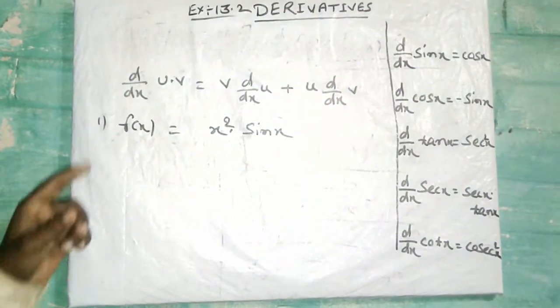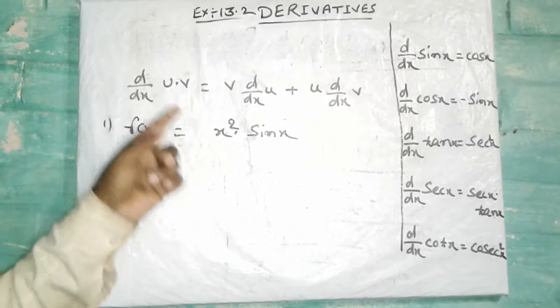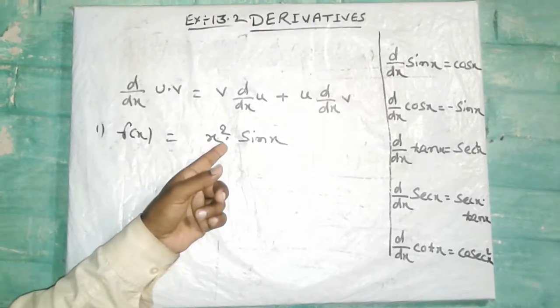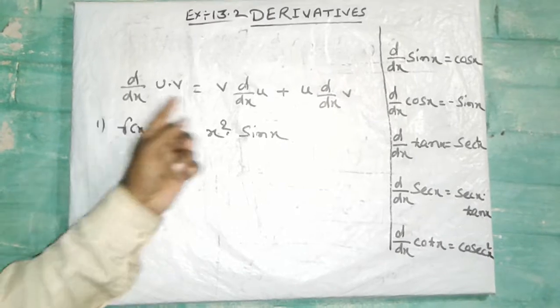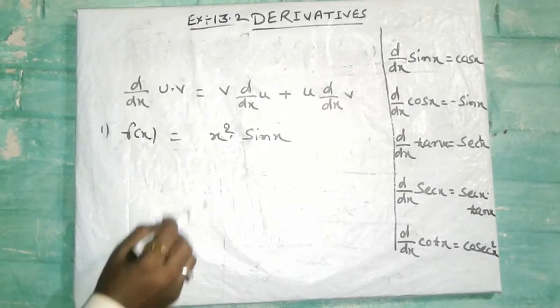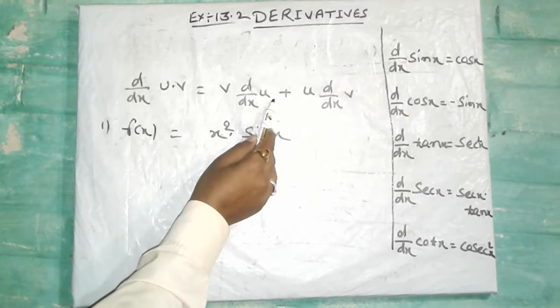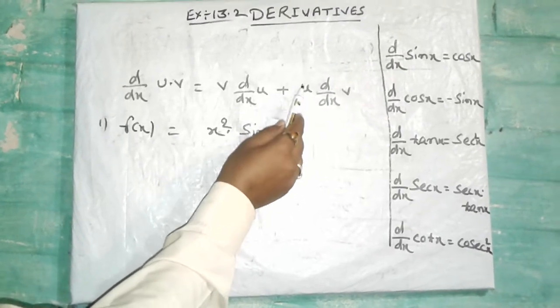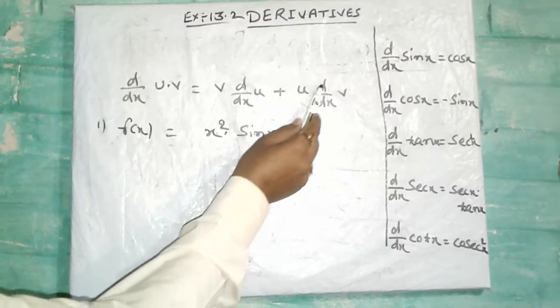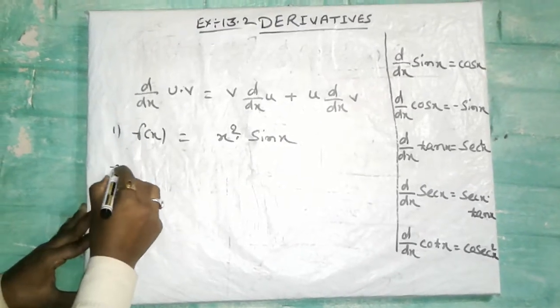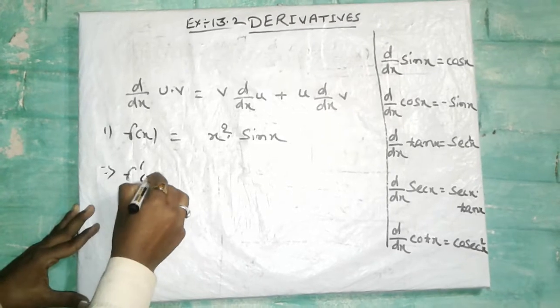So let's see, if we have to find ddx of a function when the functions are in the form of multiplication, we have to use this formula: we write v, that is the second function, then ddx of the first function, plus this time we will write the first function and ddx of the second function. So let us use this formula here. f x's differentiation will be f dash x.